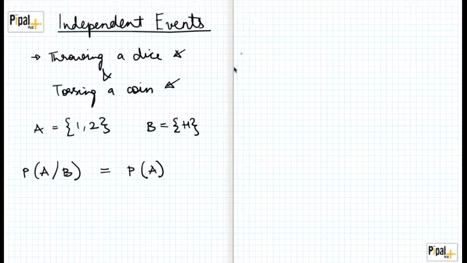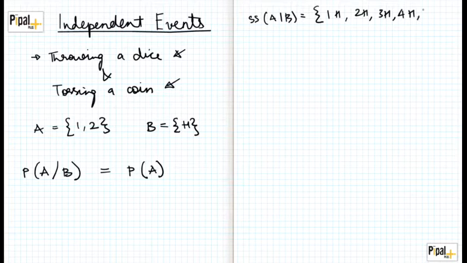So the sample space of A given B has 1H, 2H, 3H, 4H, 5H, and 6H. So this is all possible outcomes given that B has already happened.